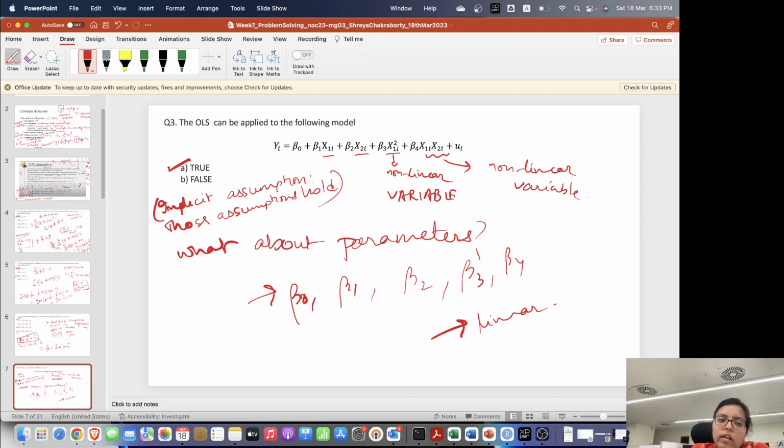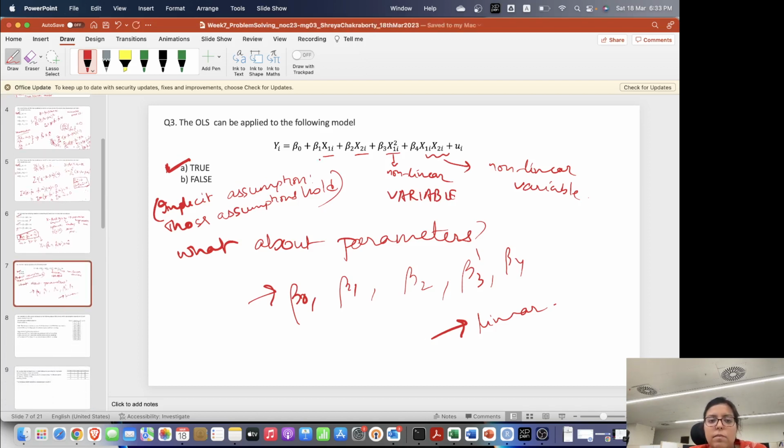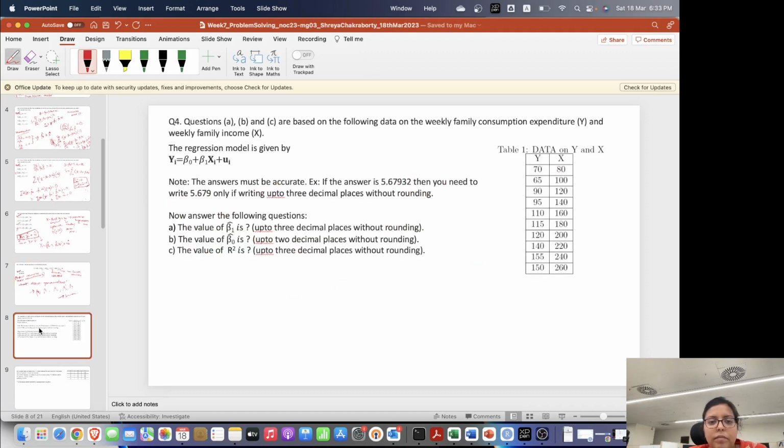We can do it because these are linear in parameters, but we could do something else which would give us better results also. So this is just a caveat that you should keep in your mind. This is beyond exams.